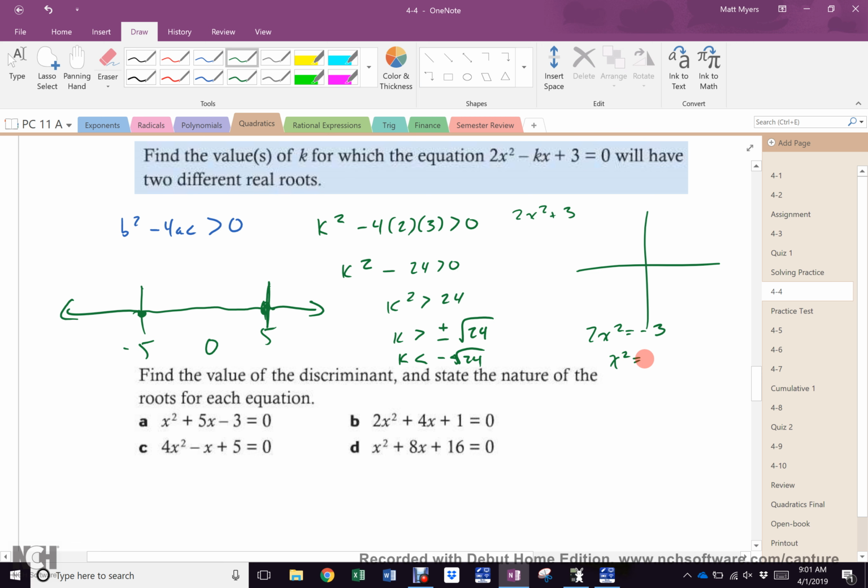X squared equals negative 3 halves. Yes? Can I square root negative 3 halves? Can I? No. So is 0 a number that works? So that's how I know that once I have my roots, everything in there doesn't work, because 0 doesn't work. So it has to be bigger than 5 or less than negative 5. Everyone cool? Everybody with me?